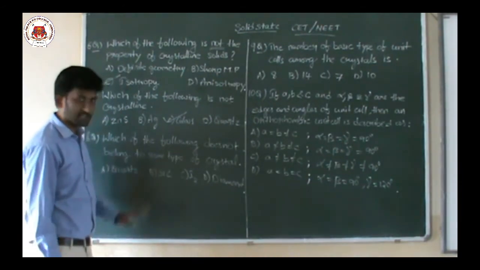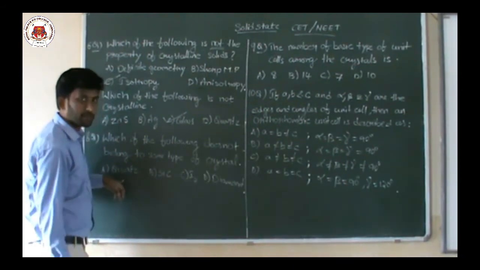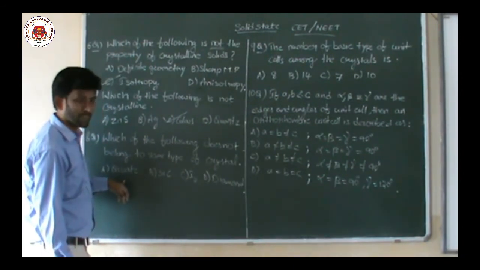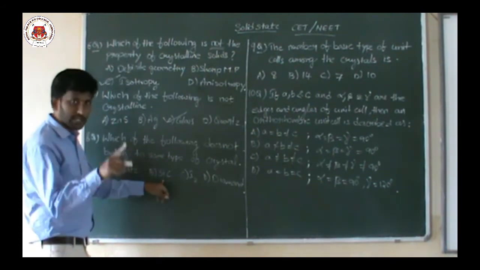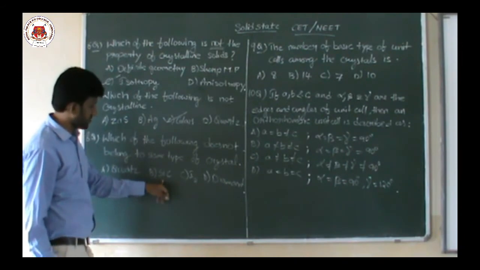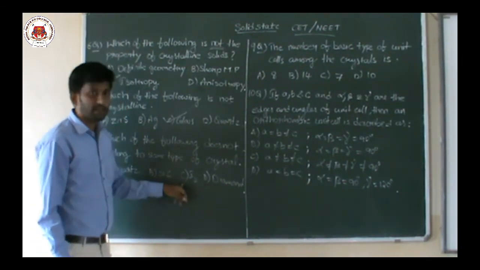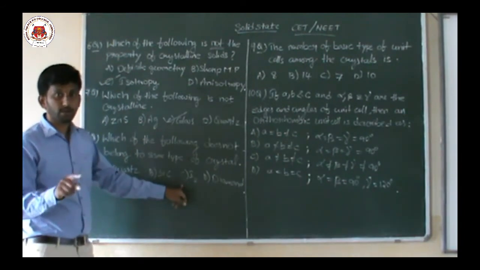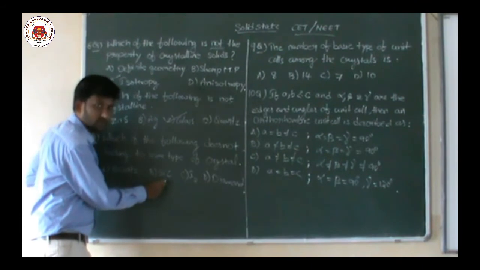Quartz is nothing but silica, a covalent solid. Silicon carbide is also a covalent solid. Diamond is also a covalent solid, whereas iodine is a molecular solid. So this is covalent, this is covalent, this is also covalent.